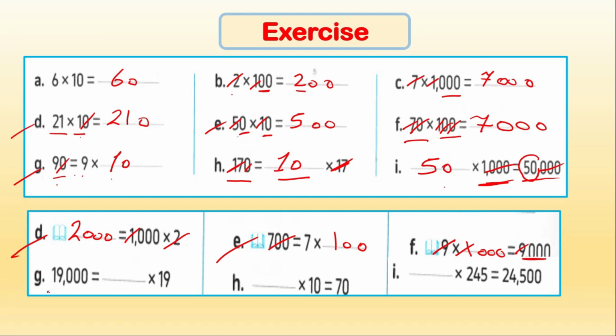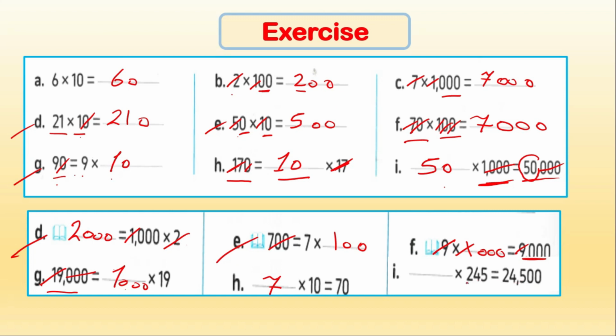19,000 equals what times 19? It means 19 times 1 and 3 zeros, so 1000. Next one: which number times 10 gets 70? So simple. 7 times 10 equals 70. The last one: which number times 245 equals 24,500?